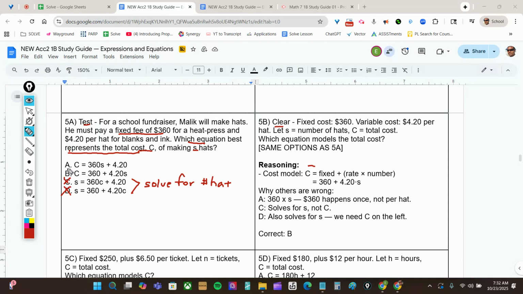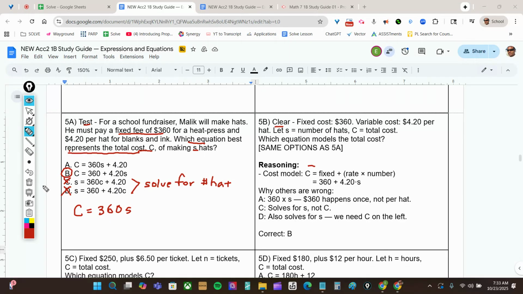That would be B, because for A, it's saying that the 360 is going to change depending on what S is. But it already said that it is fixed and it does not change. So A implies that it will change based on the number of hats. So the answer is B.